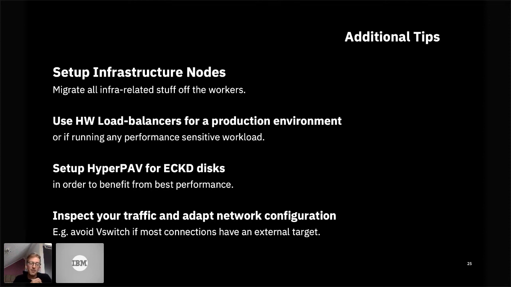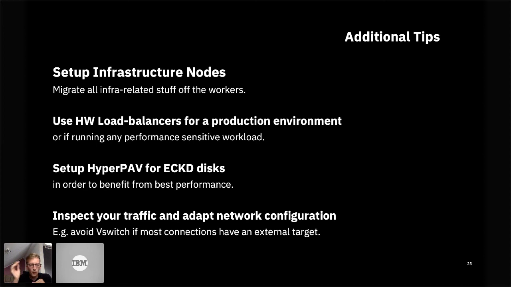F5, for example, has the series of products called Big IP. They have already integration for OpenShift implemented. These load balancers not just balance the load coming from outside into the cluster, they also do load balancing of the workload inside of the cluster. So they do a pretty good job. And what we heard is that it's a really valuable recommendation and a good thing to think about.